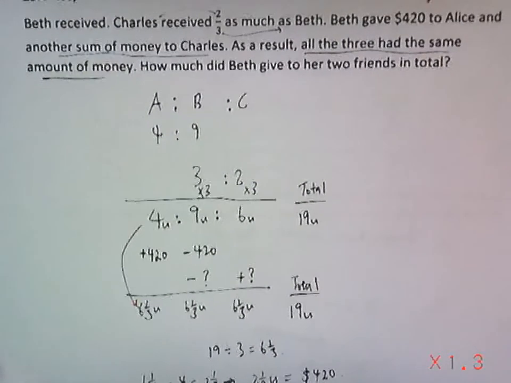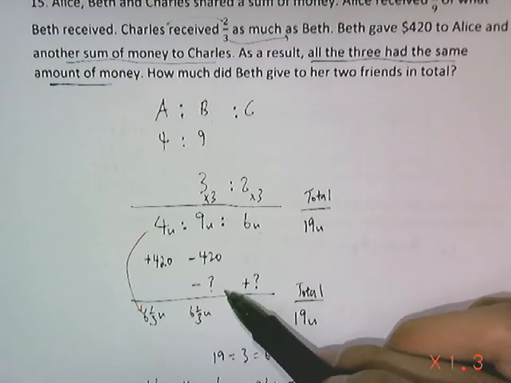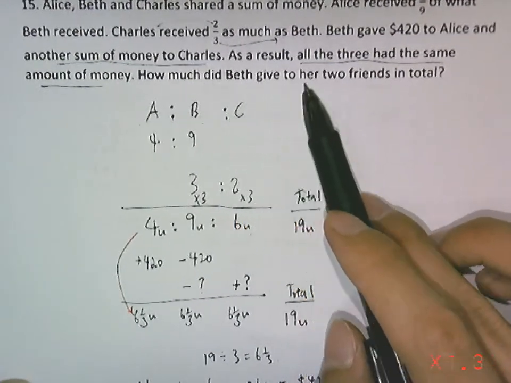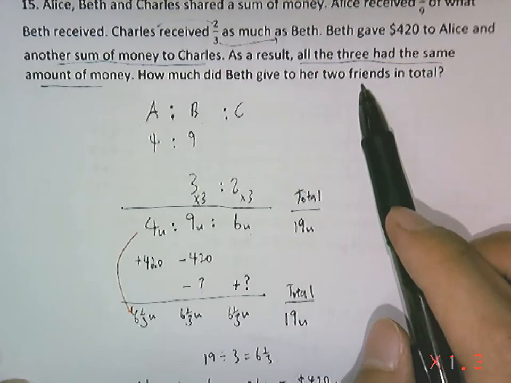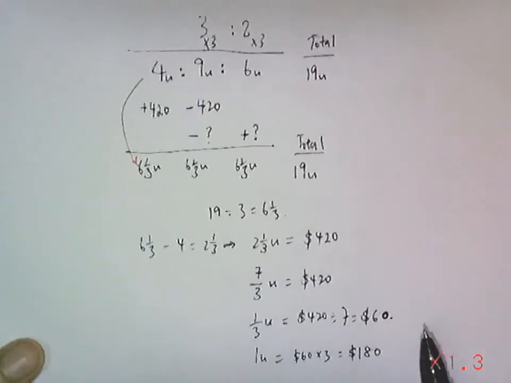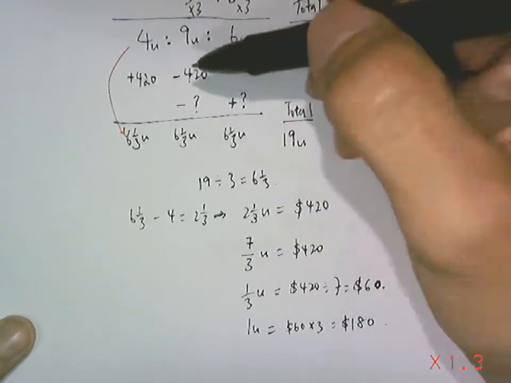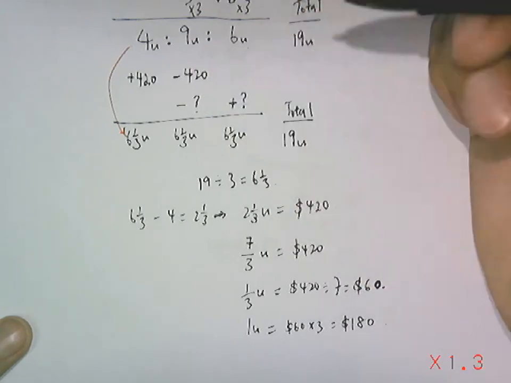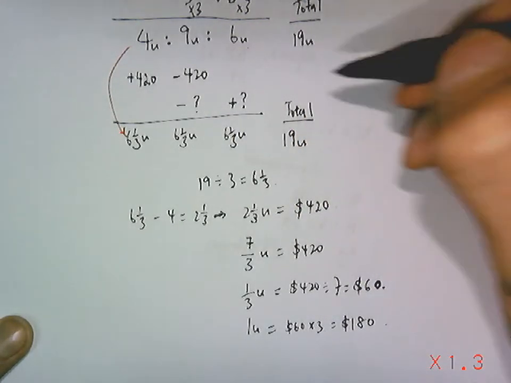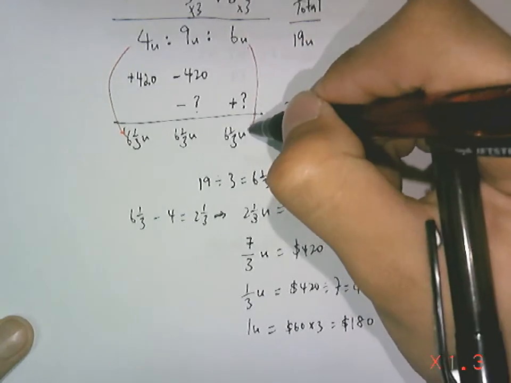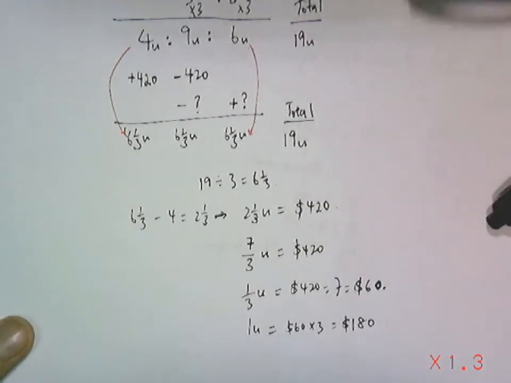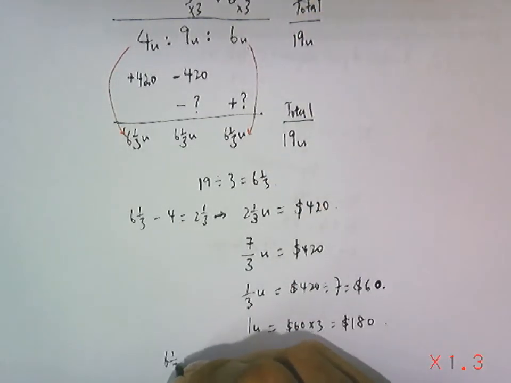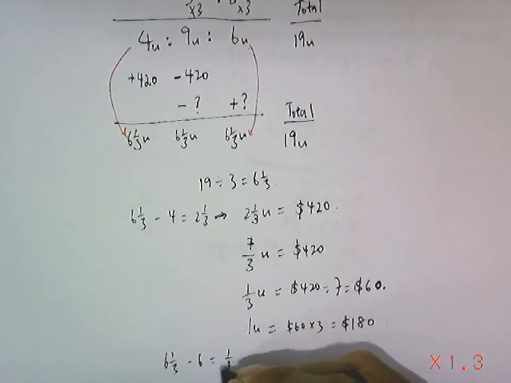Next, the question asks how much Beth gave to her 2 friends. Beth gave this amount of money: 420 and the question mark. We can easily find the question mark from this difference, which is 6 1/3 minus 6, simply 1/3 unit.